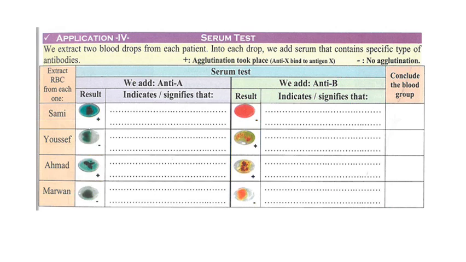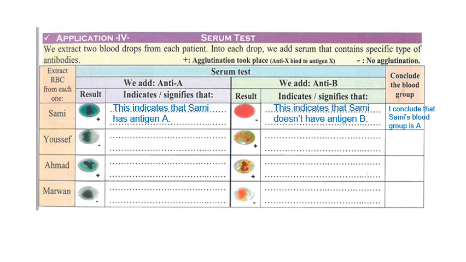This indicates that SAMI has antigen A. Whereas extract red blood cell from SAMI, add to it antibody B. The result is negative. There is no agglutination. So SAMI doesn't have antigen B, and so I conclude that SAMI's blood group is A.